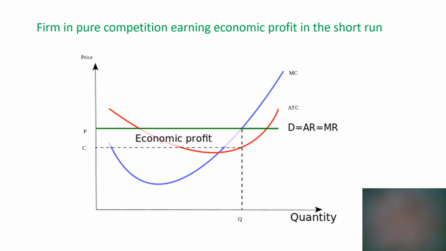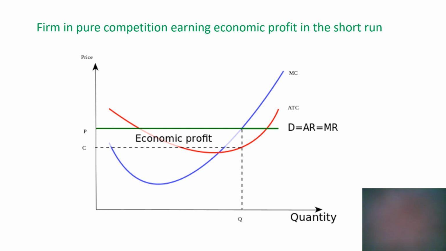And now we're going to drop down that vertical line, where that vertical line intersects average total cost, gives us the rectangles that we're looking for. So total revenue, price times quantity, minus total cost, quantity at the profit maximizing level of output, times average total cost, which is where that vertical line intersects average total cost. Total revenue minus total cost equals our economic profit.